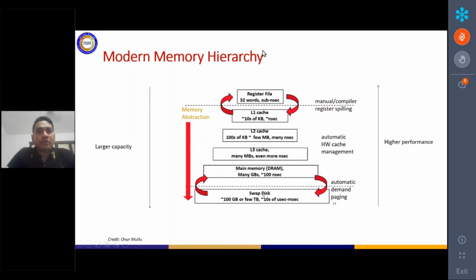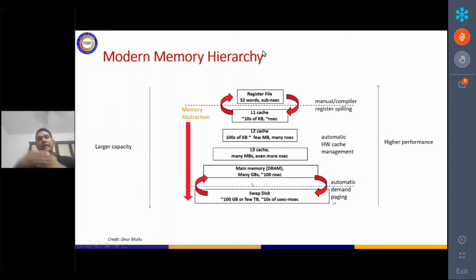Now, in the modern systems, of course, your swap disk is extendable to your remote storage through different gateways, and it can have several TBs, even petabytes of swap disk available. But just looking at the local system that you can have, the sizes vary from words to KBs to several MBs in the last level of cache, and then several GBs in your dynamic RAM, right?